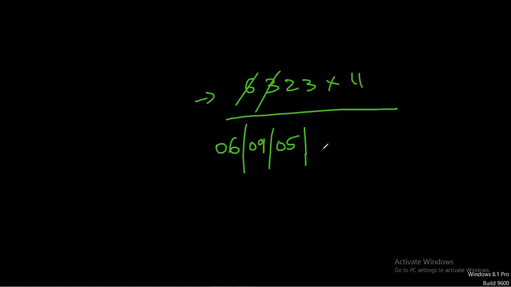Cancel 3. Next 2 digits. 2 and 3 equals 5. Very good. Last 1 digit. Just 3. So apply carry out rule, you get the answer.